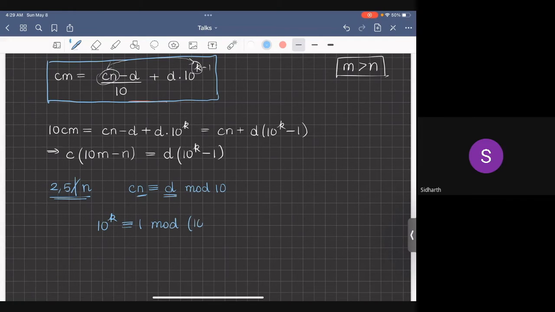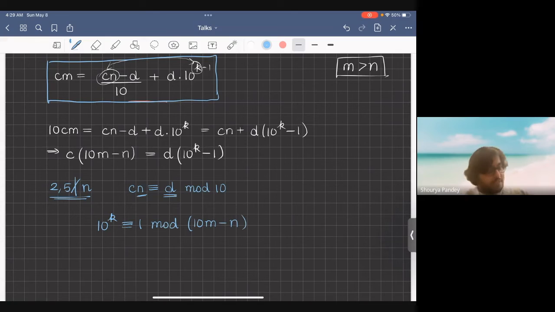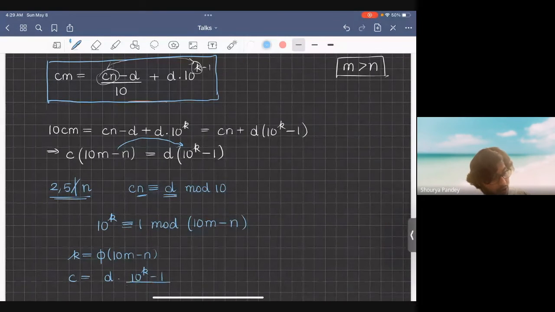Yes, just phi of 10m minus n. So that can work. So it suffices to take K to be phi of 10m minus n, because in that case this is a factor of this, right? And so for this K I can take C to be D times (10 to the K minus 1) upon 10m minus n.